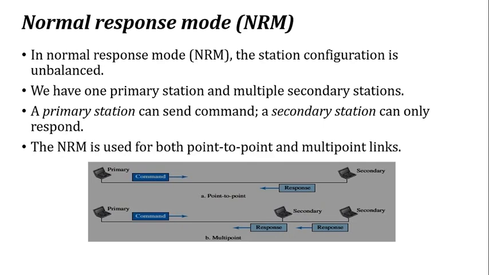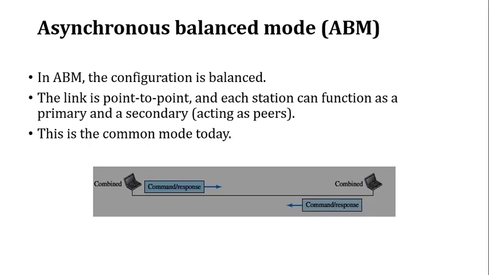Here you can see the diagram for both. In point-to-point, there is one primary station and one secondary station, and in multi-point, one primary station and two secondary stations for response. That's all about NRM, normal response mode.